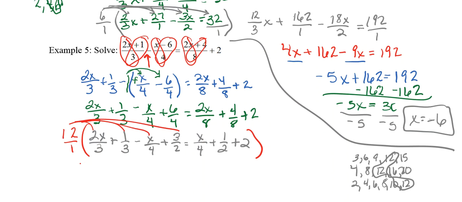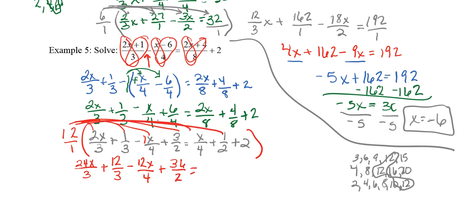So 12 times 2 is 24. 1 times 3 is 3. 12 times 1 is 12. 1 times 3 is 3. Now remember, there's an invisible 1 here, so it's 12 times 1. That's still 12. 1 times 4 is 4. 12 times 3 is 36. 1 times 2 is 2.